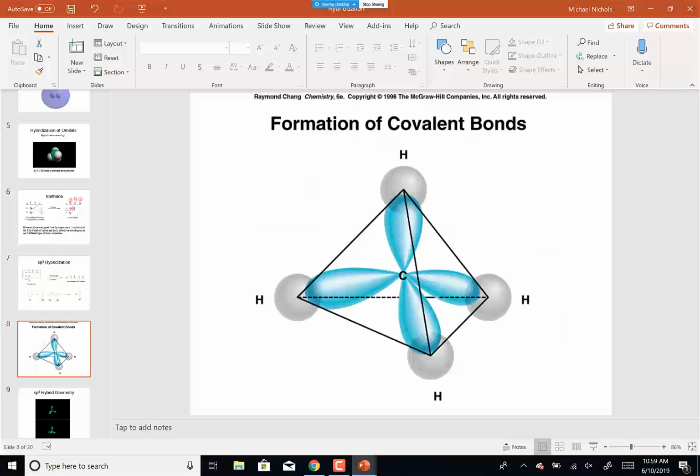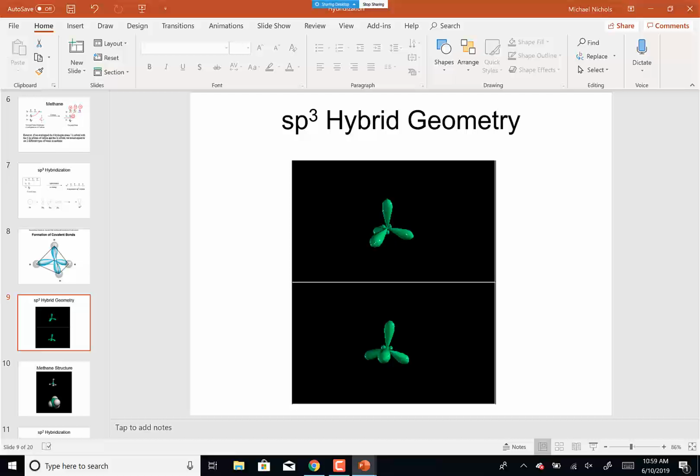The small lobes aren't shown here. So what I just did was I mixed my empty orbitals, and I made 4 hybrid orbitals that are exactly the same. Problem number 2 solved. And there's the one that shows the little teeny tiny orbitals.